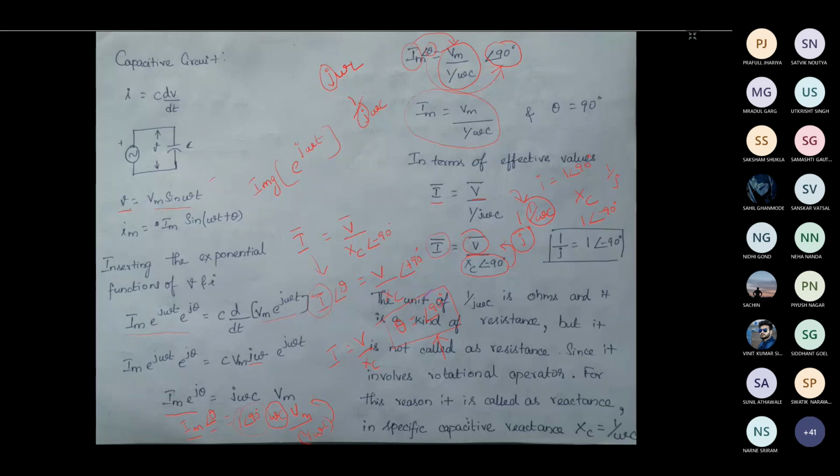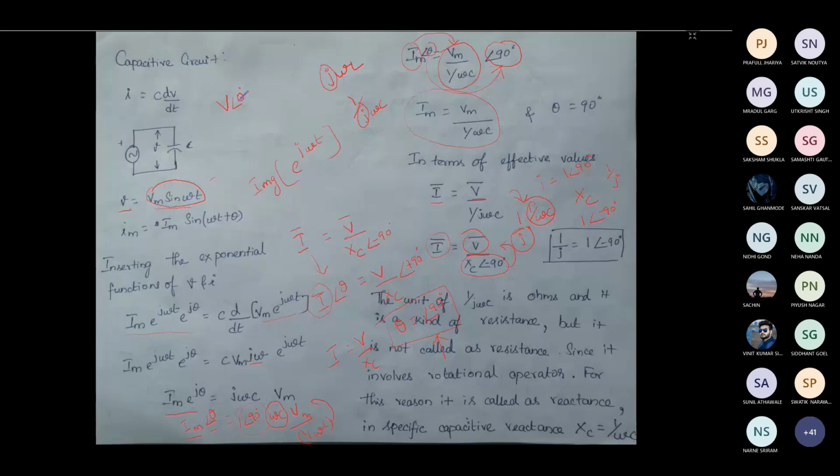So whenever you have an inductive or capacitive circuit, you are going to have a certain angle difference between the voltage and current. Okay, so here the voltage angle is 0 degree, V angle 0 degree, because here we have taken Vm sin omega t.